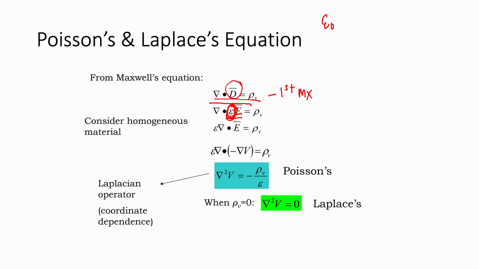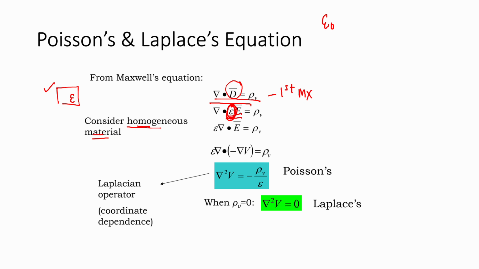Now we have to consider that the whole region has one material, and this material is given as epsilon. We need to consider that this particular material is a homogeneous material. So what is a homogeneous material?